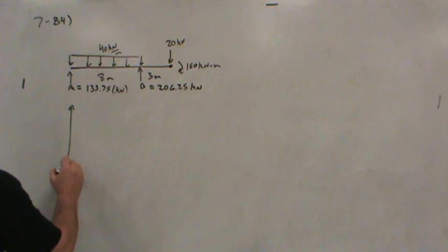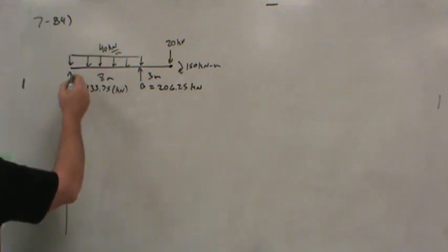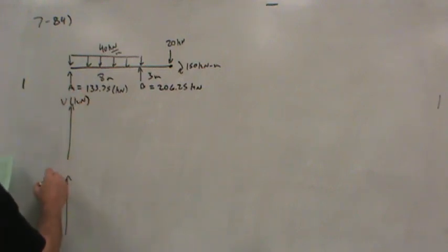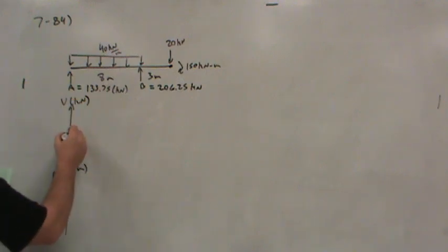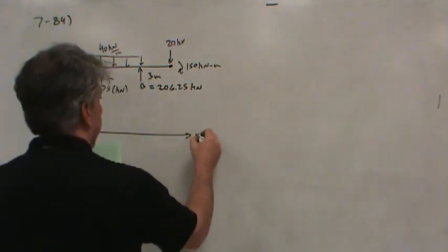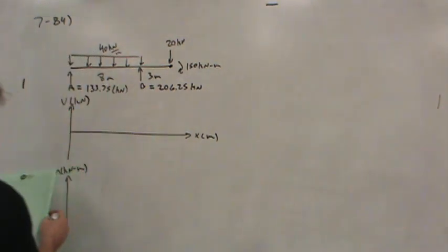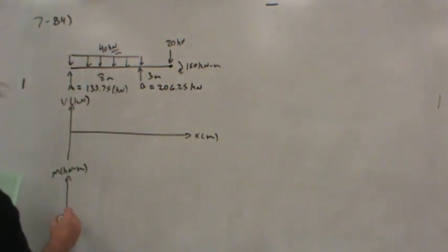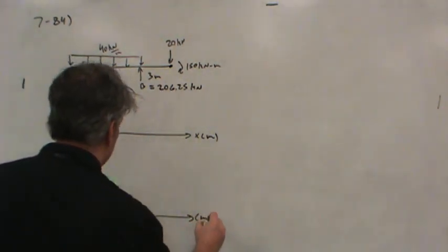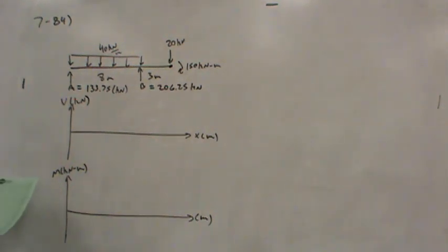So let me make a shear and moment diagram immediately below the beam. So shear in kilonewtons and moment in kilonewton meters. We put the horizontal axis about in the middle on the shear diagram, and roughly in the center, maybe a little bit lower in the moment diagram.